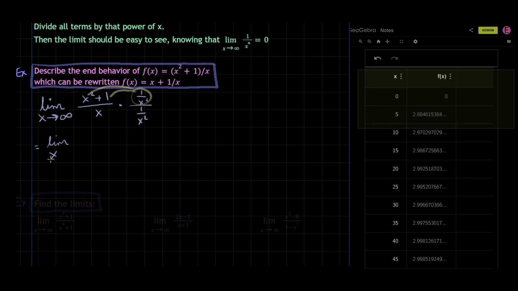So I've got the limit as x goes to infinity of x squared over x squared is 1 plus 1 over x squared, all of that over x squared, which is x.